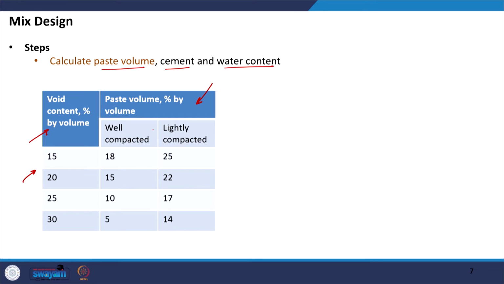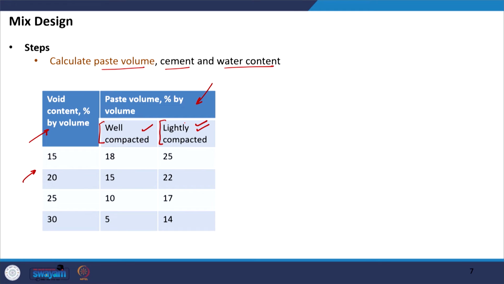Now, here you have again two options. One option is to prepare a well compacted pervious concrete mixture, and the other is to produce a lightly compacted pervious concrete mixture. Again, in the specification, it is not mentioned what you mean by a well compacted mixture or what you mean by a lightly compacted mixture.